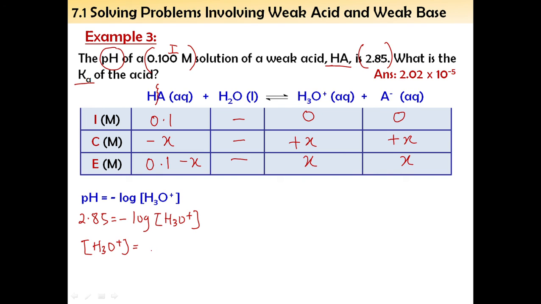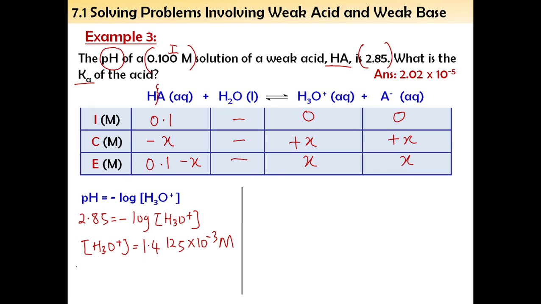Jadi, tekan calculator, you sepatutnya dapat untuk H3O+, the concentration is 1.4125 times 10 to the power of negative 3 M. Okay. Jadi, bila saya dapat value macam ni, actually, betul lah.